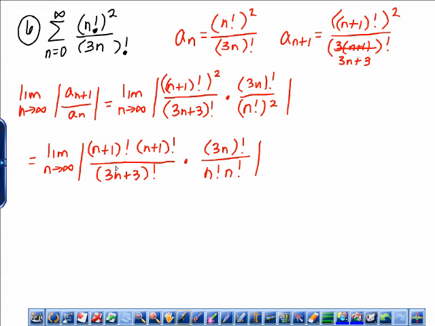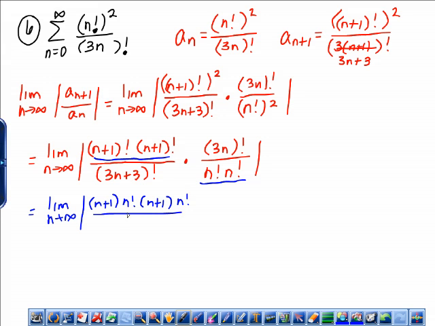All right, so let's think about this. This is equal to the limit as n approaches infinity of, we're going to simplify this with this. So this is going to become n plus 1 times n factorial, and then same thing with this one, n plus 1 times n factorial over n factorial, so I can see some cancelization.